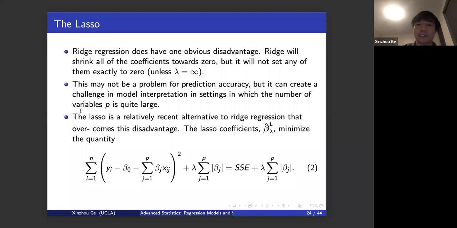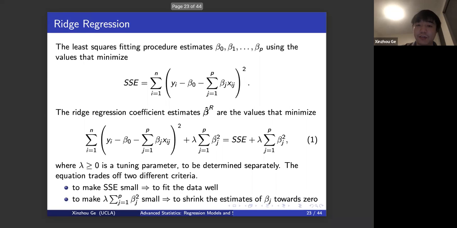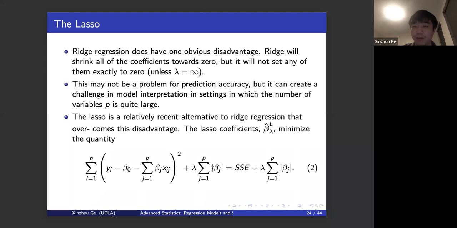The lasso is a relatively recent alternative to ridge regression that overcomes this disadvantage. The lasso coefficients come from the minimization of this quantity. You can see that the first part is still SSE, and the second part is still lambda times the penalty for the coefficients, but this time we change from the square term into the absolute value.